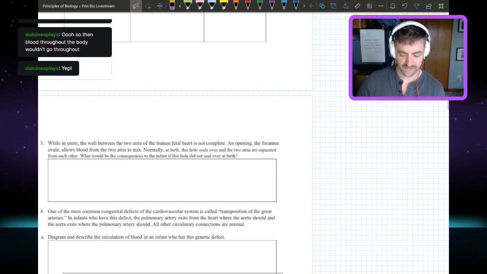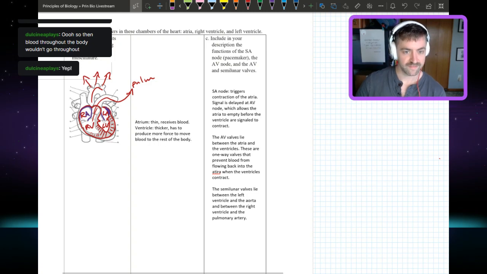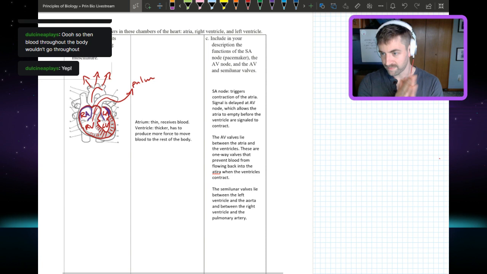I'm going to scroll back up. So we're talking about right atrium to left atrium. There's membrane and muscle between them, but that doesn't form until after the infant is born.